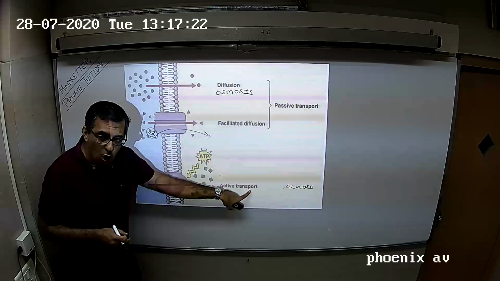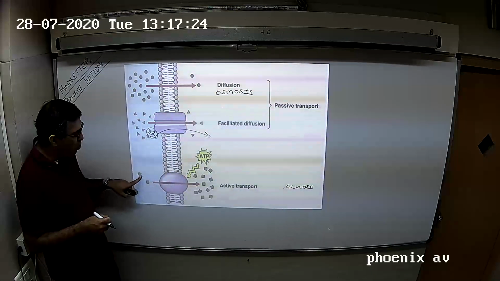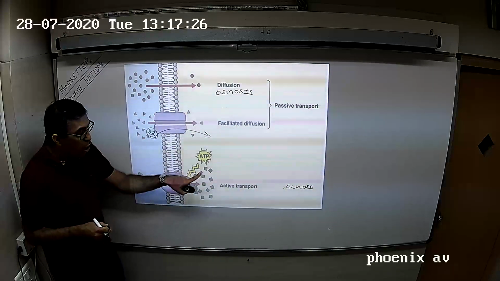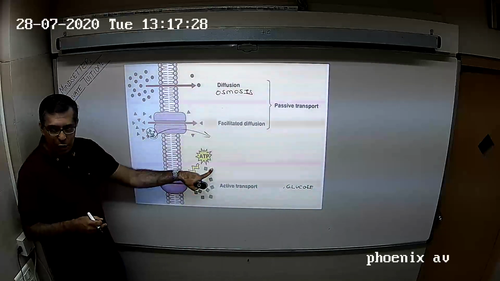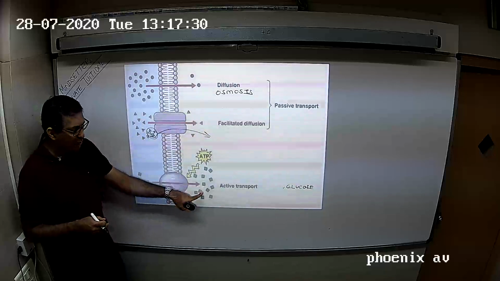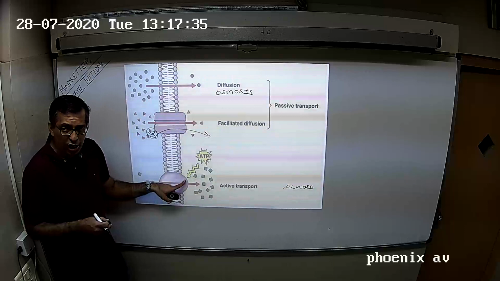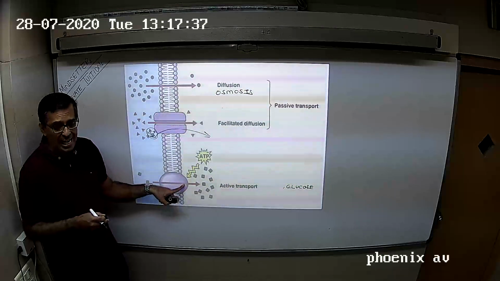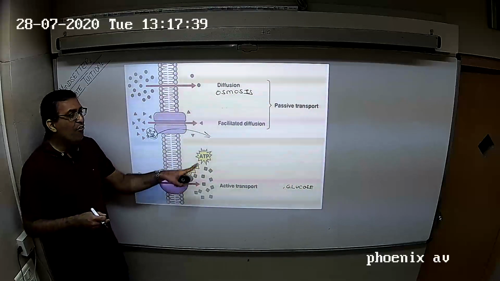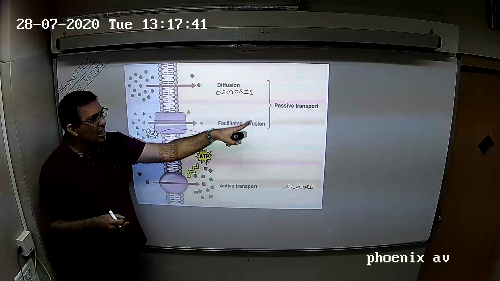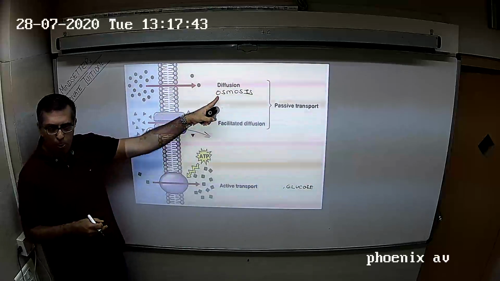Active transport, food is absorbed from low concentration to a higher concentration, opposite of passive absorption. And for that we have to spend energy in the form of ATP. And facilitated diffusion is like passive absorption.